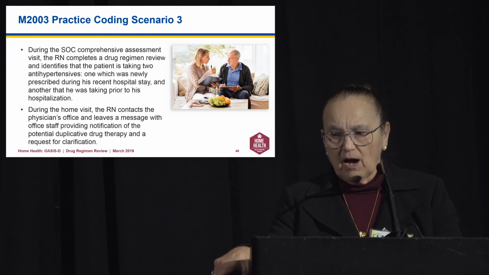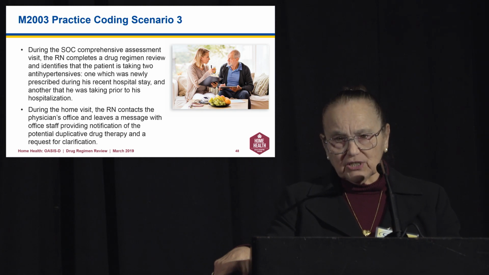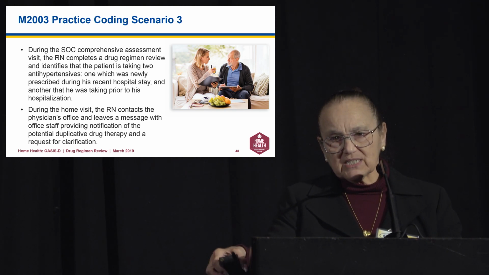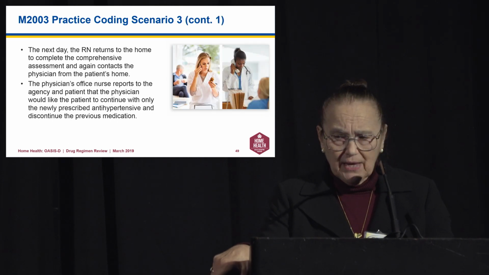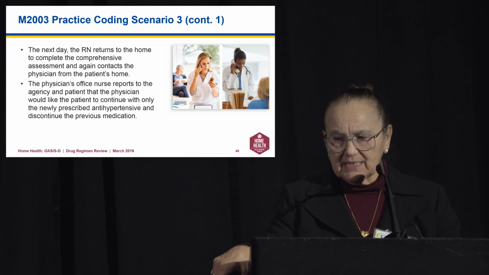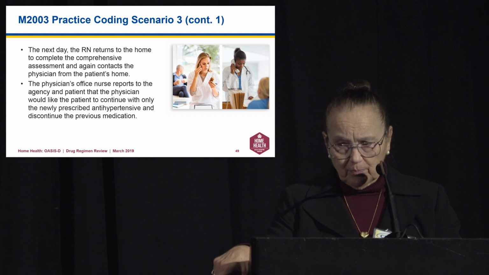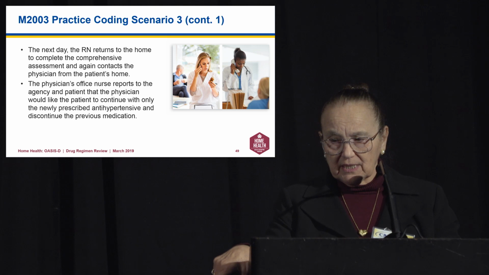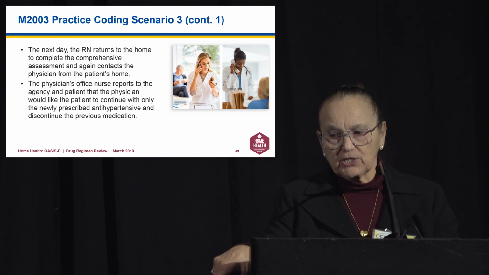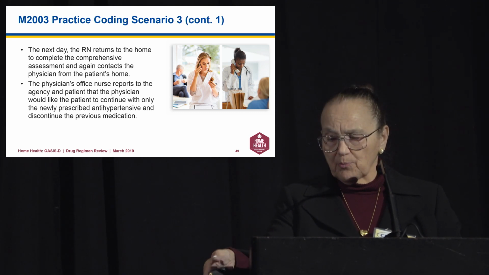During the home visit, the RN contacts the physician's office and leaves a message with the office staff, providing the notification of the duplication and a request for clarification. The next day, the RN returns to the home to complete the comprehensive assessment and again contacts the physician from the patient's home. The physician office nurse reports to the agency and the patient. The physician would like the patient to continue with only the new prescribed antihypertensive and discontinue the previous medication.